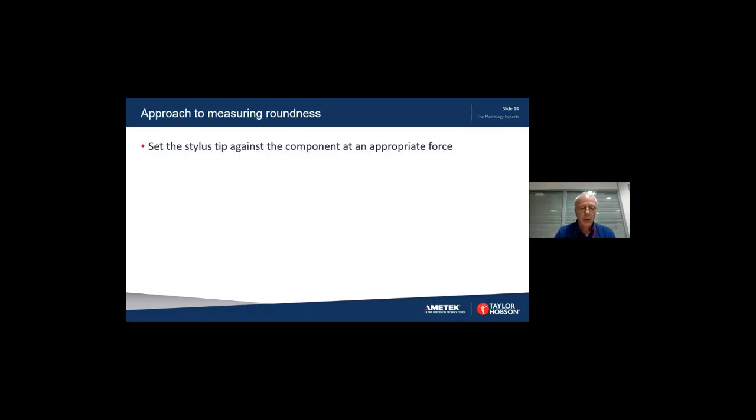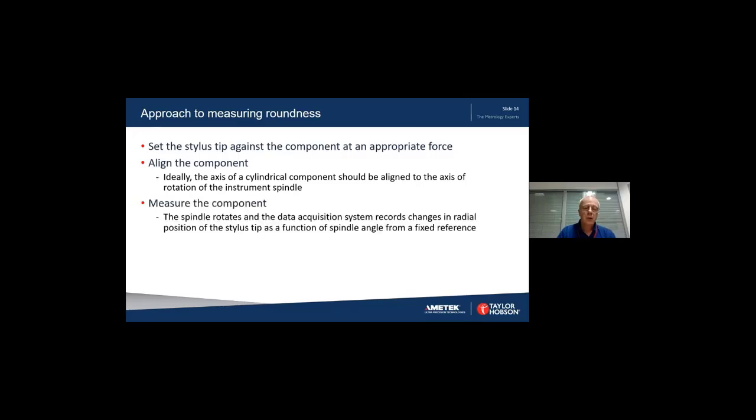So once the component has been loaded for measurement, the basic approach to the measurement of roundness follows a pattern similar to the one that's outlined here. Firstly, the stylus is brought into contact with the component, and then the component is aligned to the axis of rotation. The stylus is then moved to the required feature, and the component is measured by rotating the spindle.